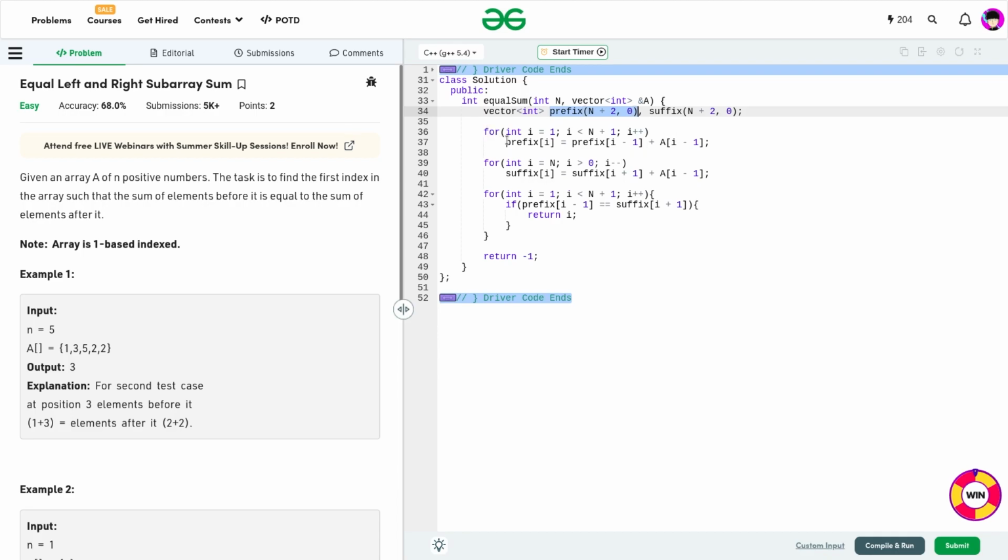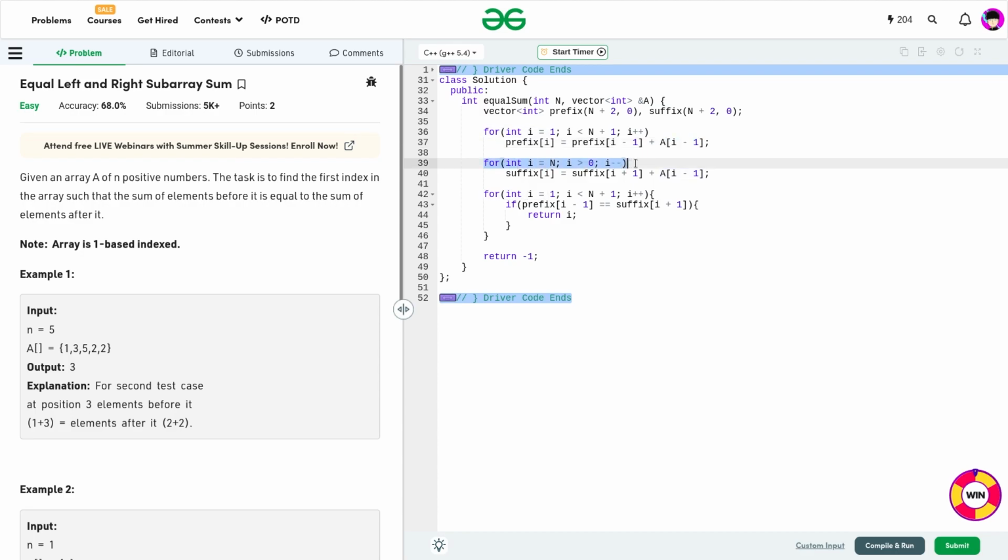Now I've created the prefix vector here. So I've initialized the values by running a for loop from 1 to less than n plus 1, so it is essentially from 1 to n. Now prefix of i would be equal to prefix of i minus 1 plus A of i minus 1. So you have to take care of this particular thing. Since the input array A is not in 1 based indexing, we have to subtract 1 from here so that it comes to 0 based indexing, right?